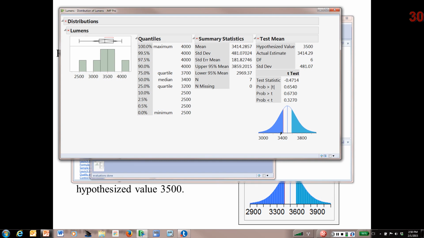So what we do on the other side is draw a line at the same distance from 3,500, and that line defines a region on the other side, and allows us to evaluate the probability the mean could be greater than 3,500 or less than 3,500.